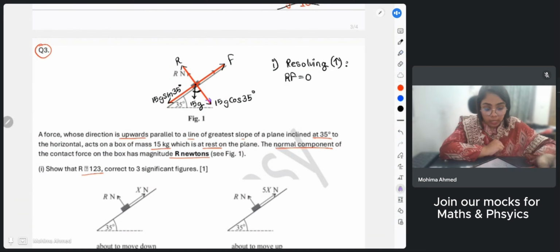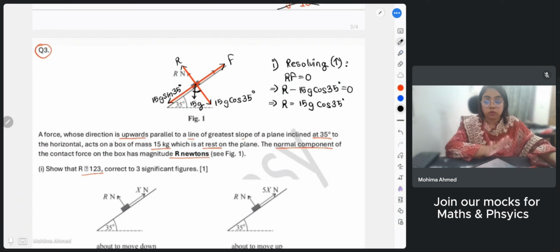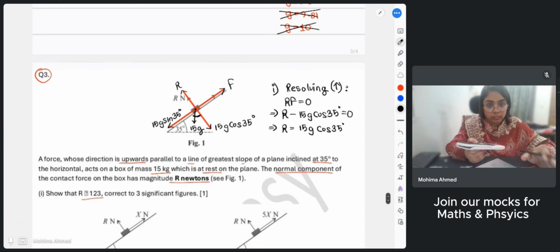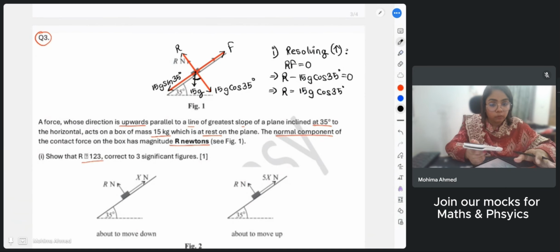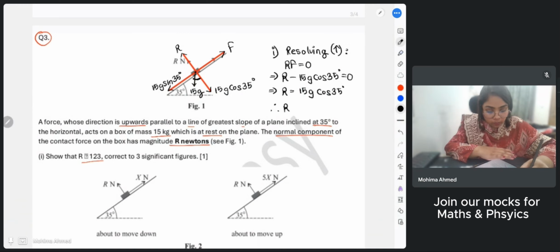And again over here, Newton. That is the final value for your reaction force of part 1.